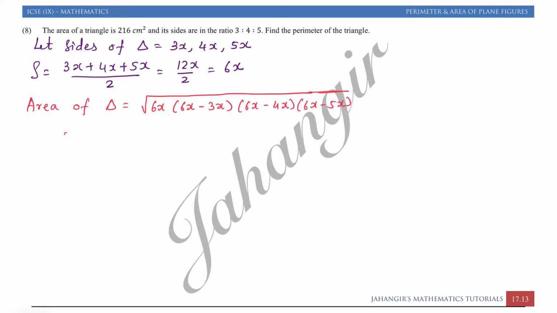Area of triangle is given as 216, which is equal to square root of 6x multiplied by 3x, multiplied by 2x and then multiplied by x.